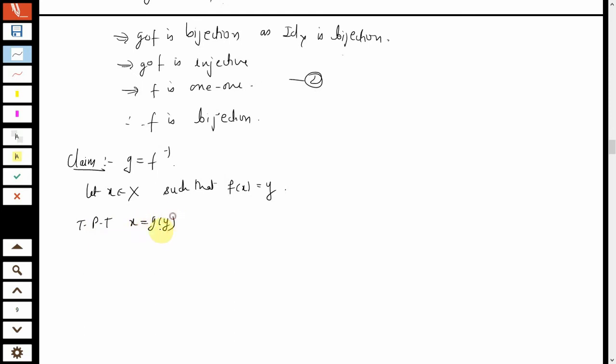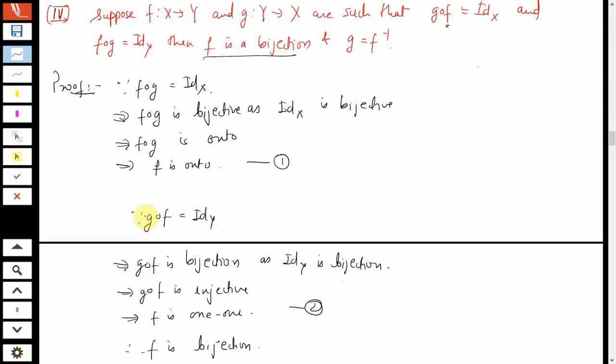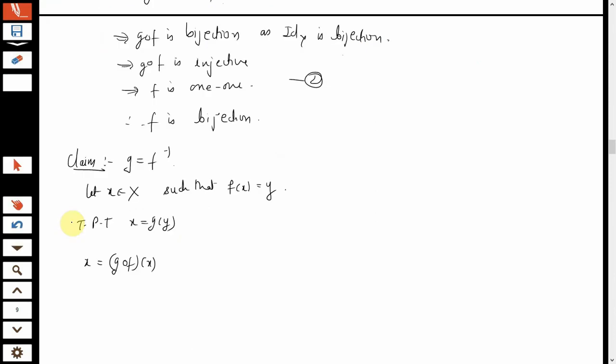That follows from this. We know that x is nothing but g composite f evaluated at x, because g composite f is an identity map on... wait, right. So g composite f is an identity map on x, right?